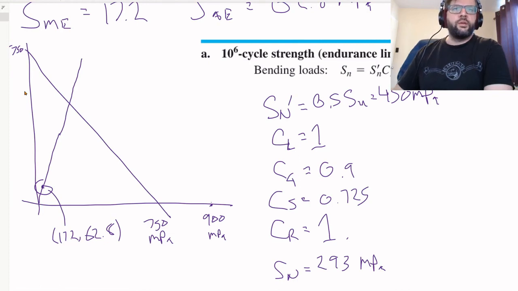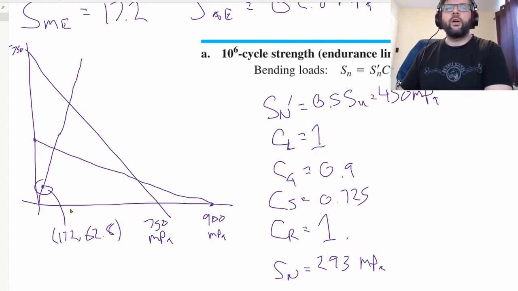All right, so that'll be probably right about here on this graph, which means that we have our Sn-Su line there. Based upon this, it's fairly obvious that our operating line hits the Sn-Su line before it hits the Sy-Sy line.